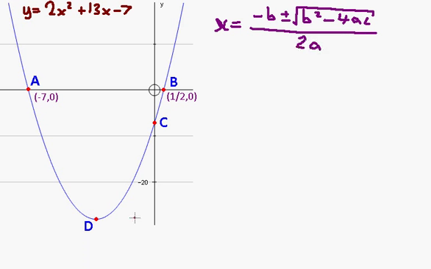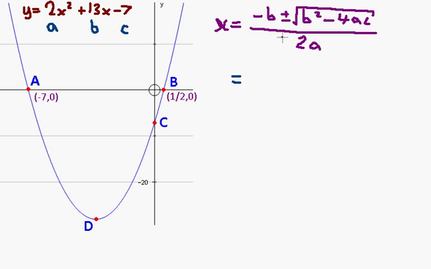In my original equation a is 2, b is 13 and c is minus 7. I'm just going to write them underneath: a is 2, b is 13 and c is minus 7.